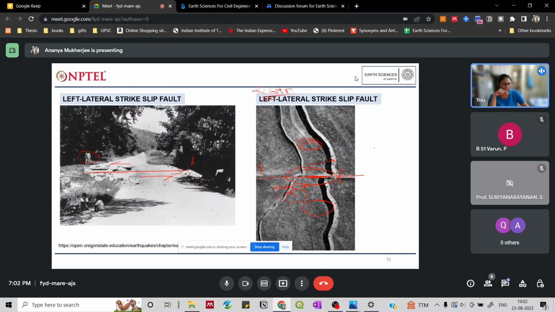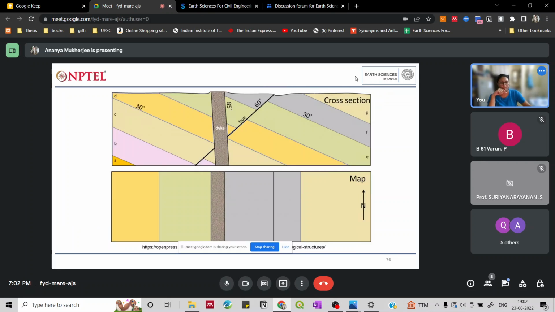This is a very simplistic understanding of how identifying and mapping fault planes is going to help you. Suppose, as we had seen in the fold structures, this is your map view and this is your cross sectional view.